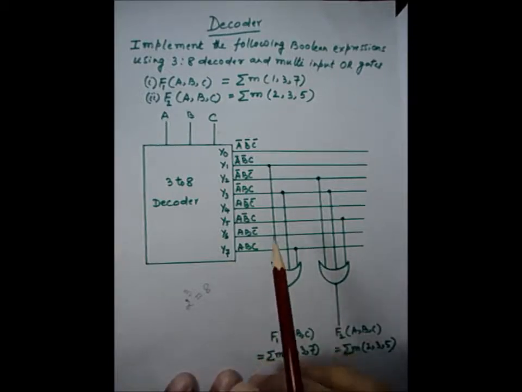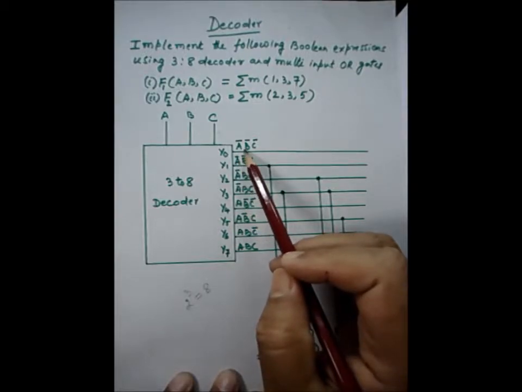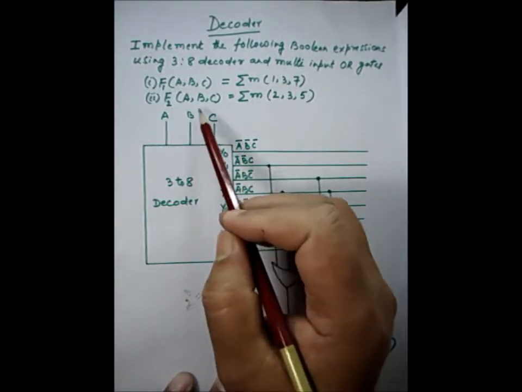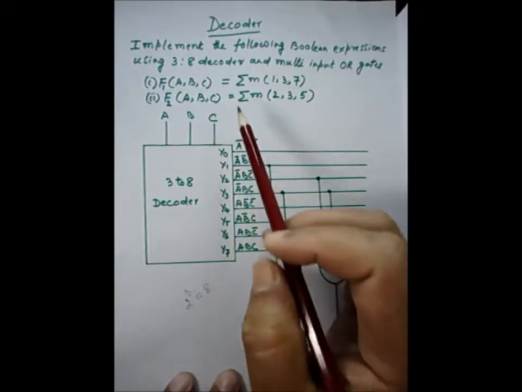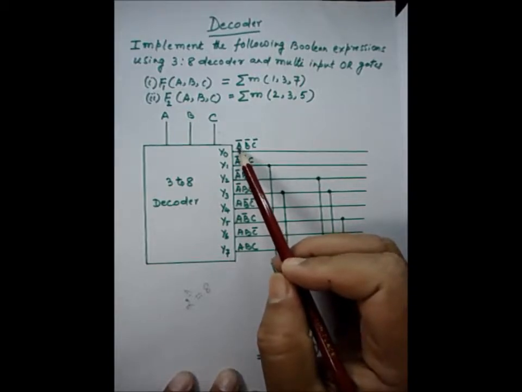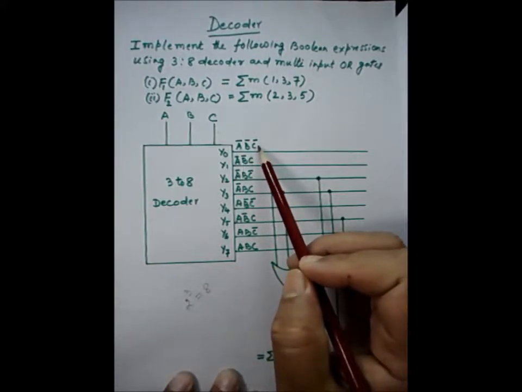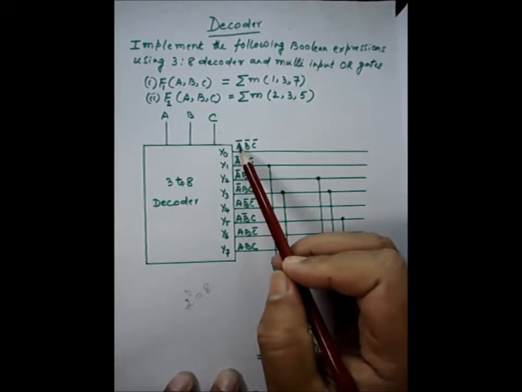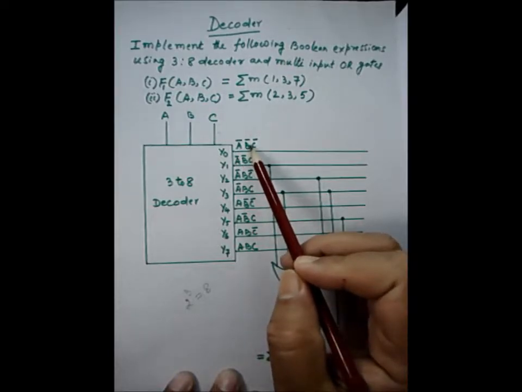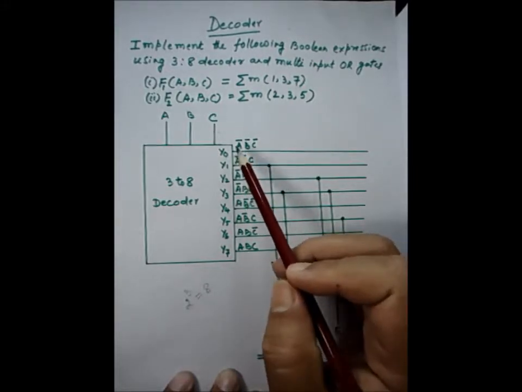Another way we can see it is that Y0 is becoming high when A equal to 0, B equal to 0 and C equal to 0. We can write the expression for that: complement of A, complement of B and complement of C. Complement of A will be equal to 1 in that case, complement of B will be 1 and complement of C 1, and that will be high.